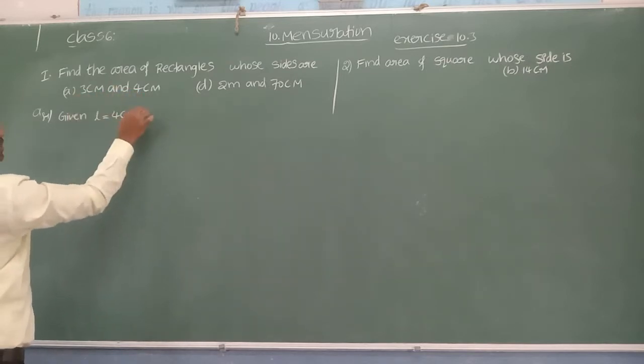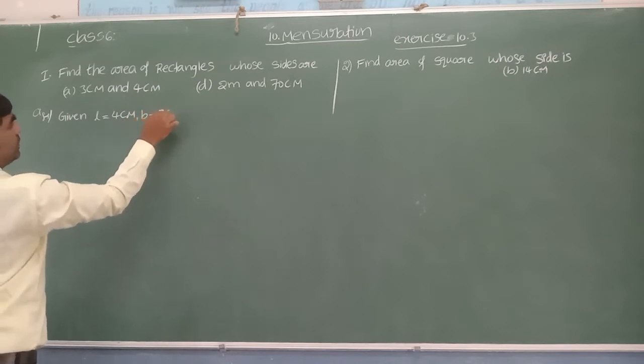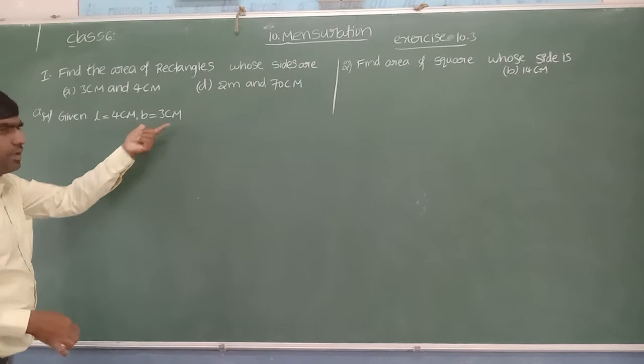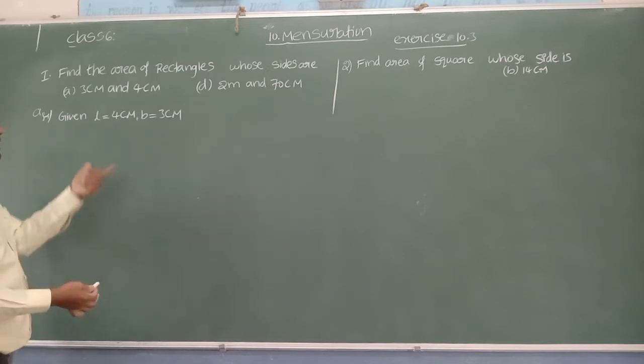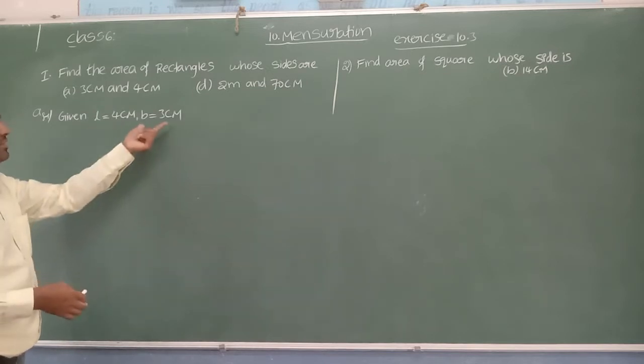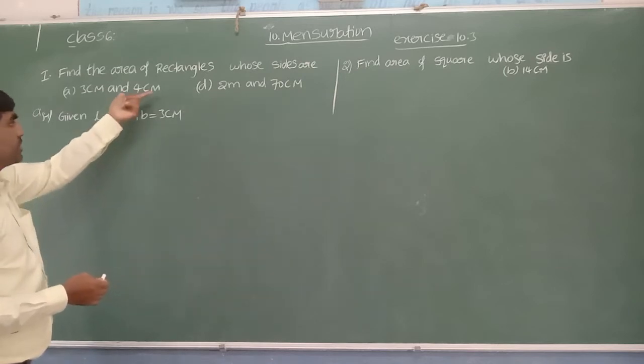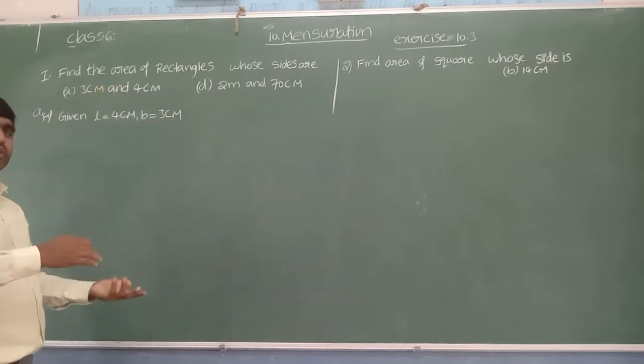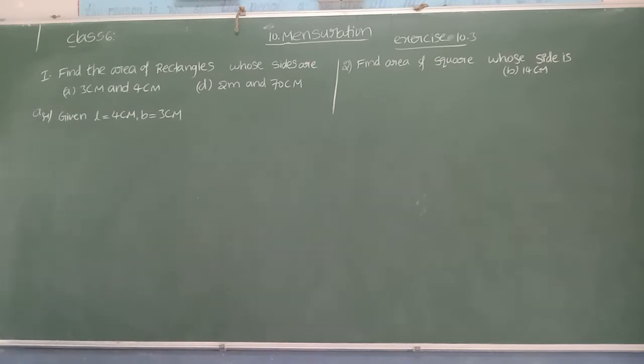You can take 3 also. Breadth is 3 centimeters. One is length, one is breadth, but any one you can take. Generally length means long one, breadth means short. So this long one I am taking as length, and the short one I am taking as breadth. If you interchange also, nothing is wrong.